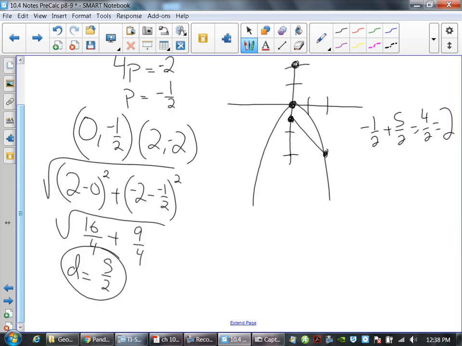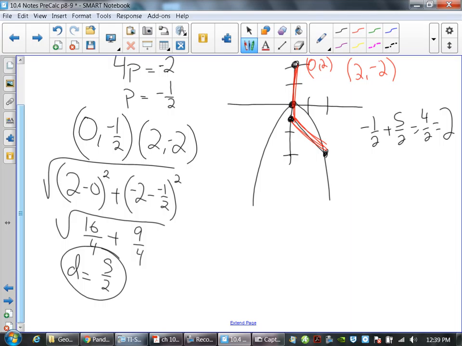So I know now these two distances are the same. Now I can write the equation of the line. I have two ordered pairs: (0, 2) and (2, -2). If I go long form to find my slope, the change in y, what's that?